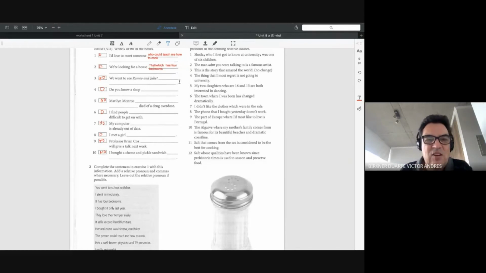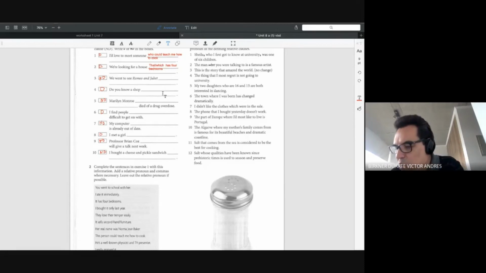But in non-defining clauses, we can only use which, right? By the way, in the United Kingdom, people usually say that. They don't use which with defining clauses, but in the United States, they use both. In American English, they use both for defining clauses.